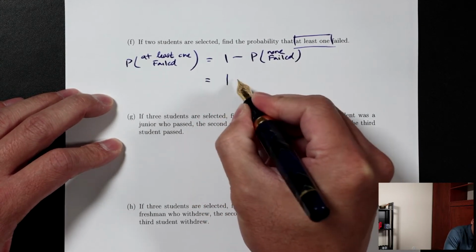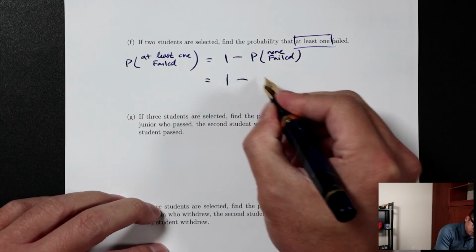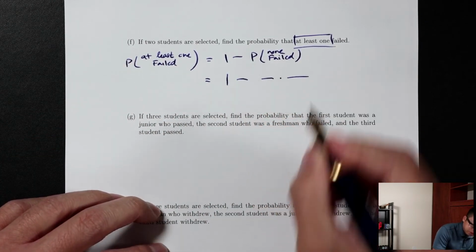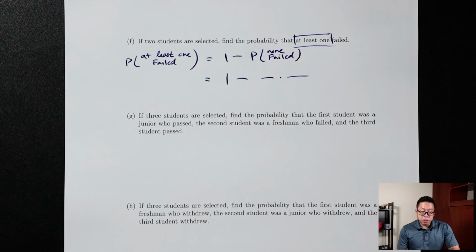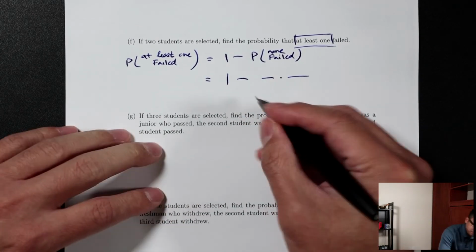Our answer is going to be 1 minus, and then how many fractions do I need? We're talking about 2 students, so I'll need 2 fractions. 2 students, none failed, means that I want both the fractions to be not failed.